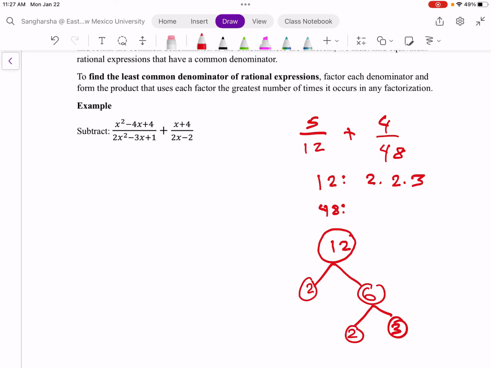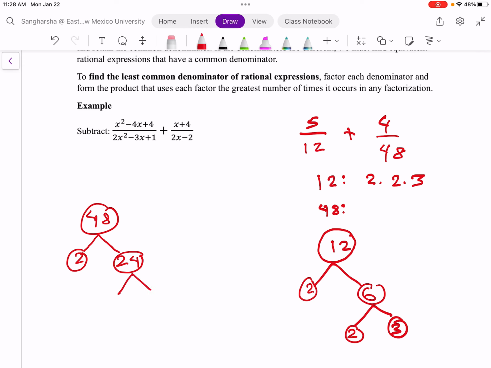Now in a similar way, how can we rewrite 48 as prime factors? We have 48. What is the smallest prime number that divides 48? That's 2, right? 48 divided by 2 is 24. 24 is not a prime number, so we have to rewrite this.